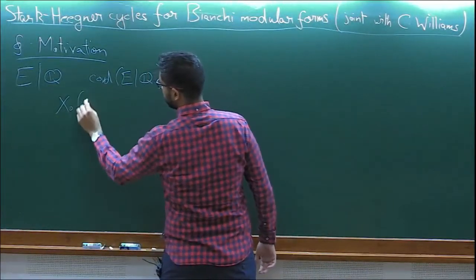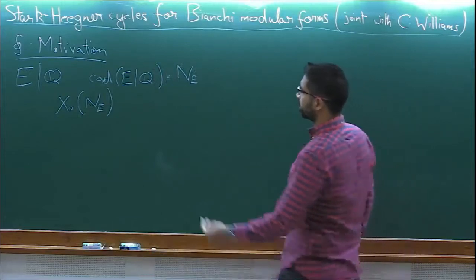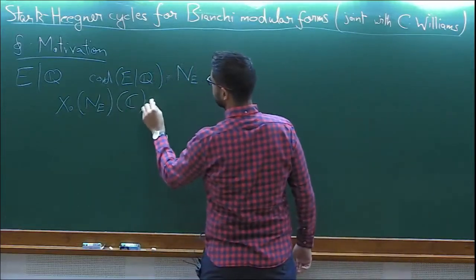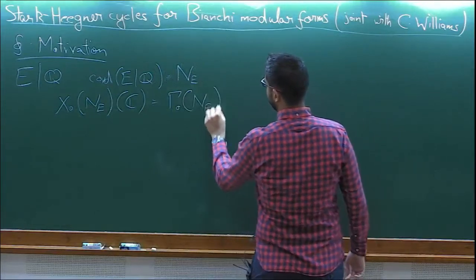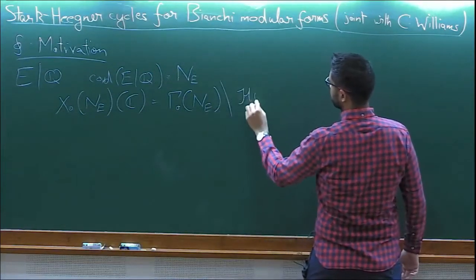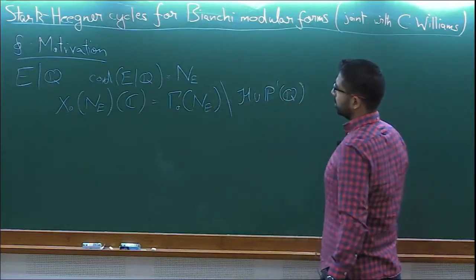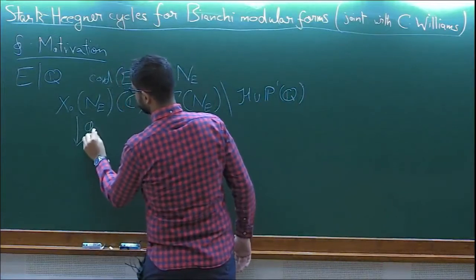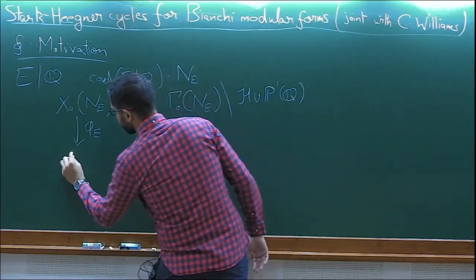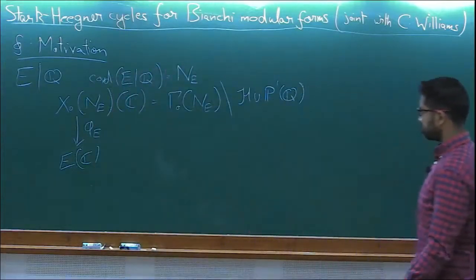So I can look at the modular curve of level N_E, and the underlying Riemann surface can be described as the Gamma_0(N_E) orbit of the compactified upper half plane. And this elliptic curve is modular, so there is a modular parameterization, which is a non-constant map phi_E between these two Riemann surfaces.